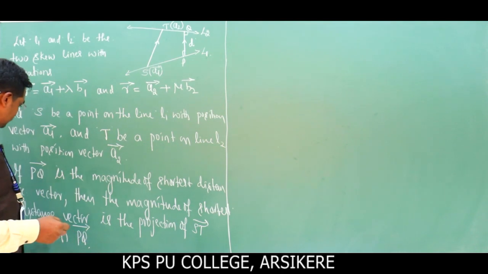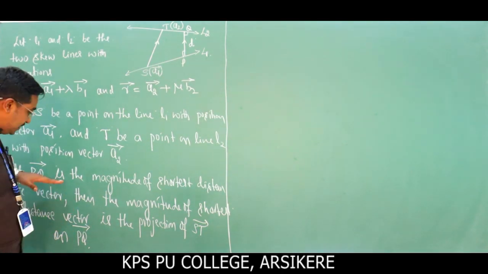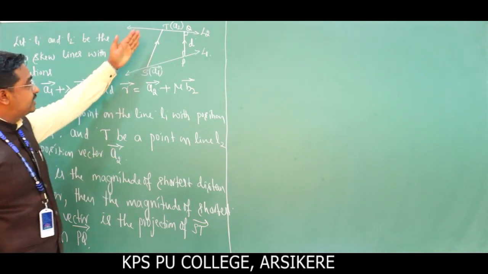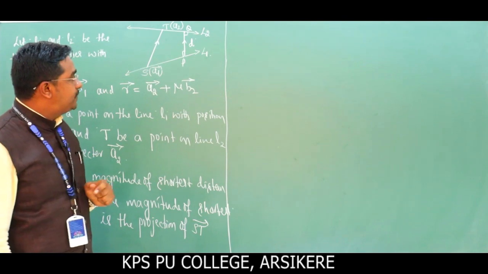So this is the case here. The magnitude of the shortest distance vector PQ is the projection of vector ST on PQ.